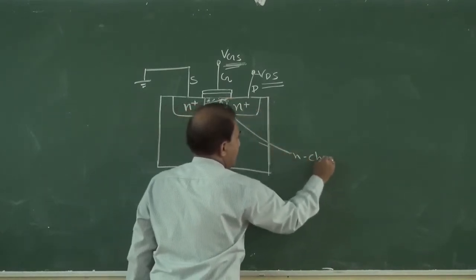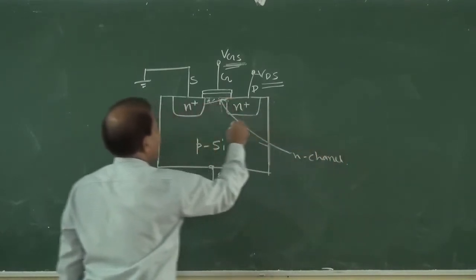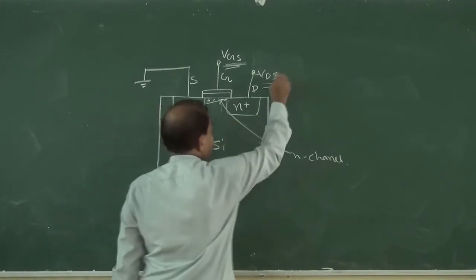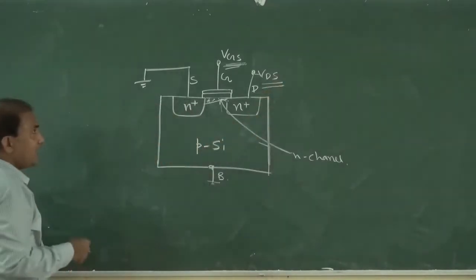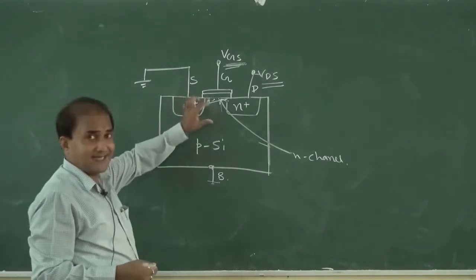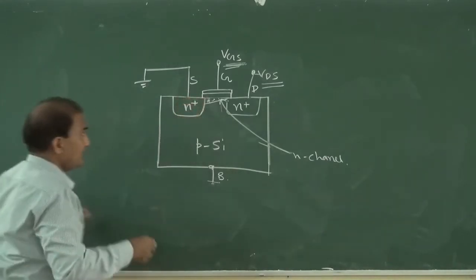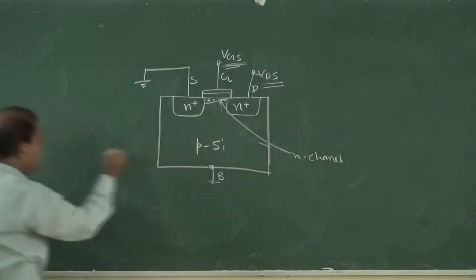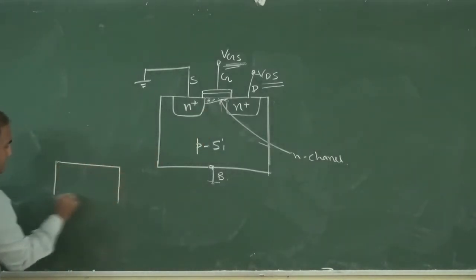This is N channel, and if we are increasing VDS, what will happen? If VDS is increased further, then what will happen? You can see here.